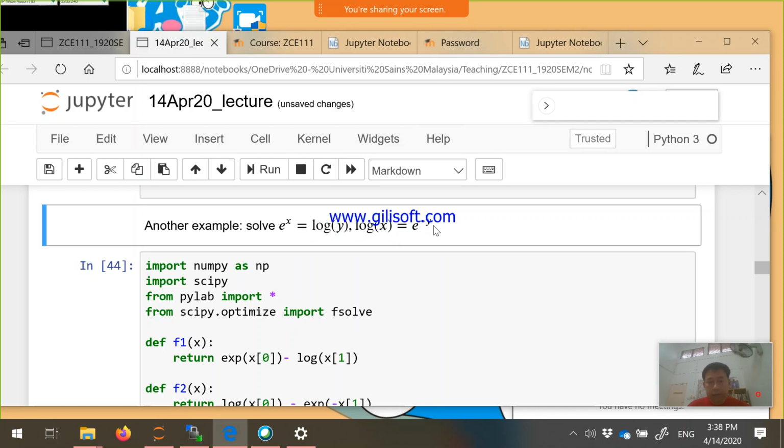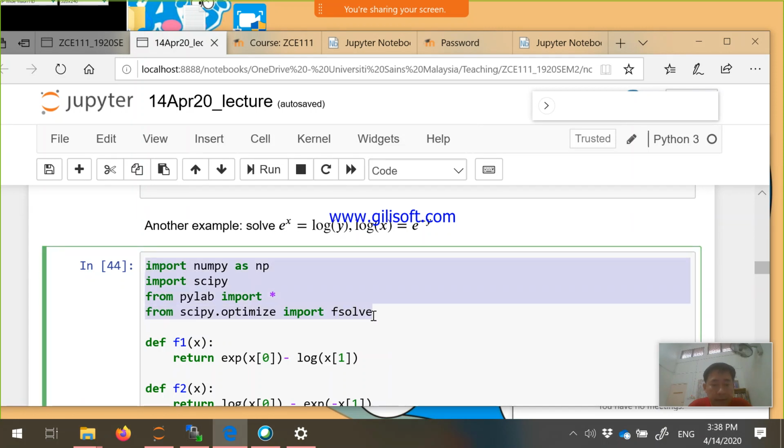Now this is a set of simultaneous equation which is slightly more complicated. We call this a nonlinear equations. Nonlinear in the sense that it's not polynomial. Okay. So what is the values of x and y such that this equation is fulfilled and this equation is also fulfilled? So we will just do the same thing again.